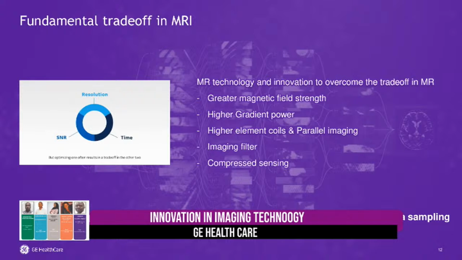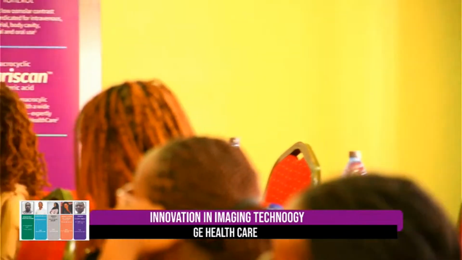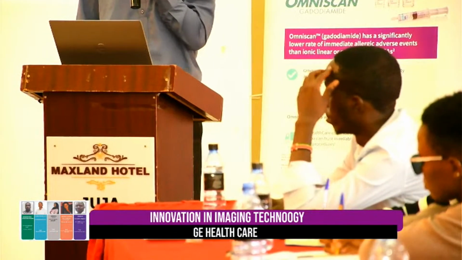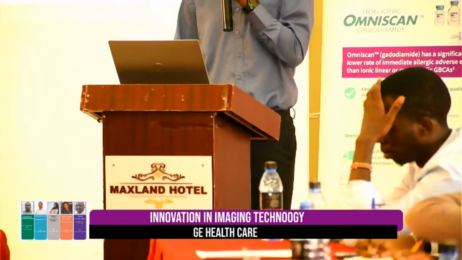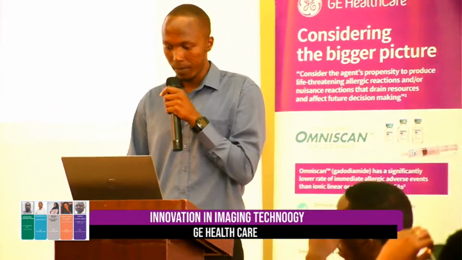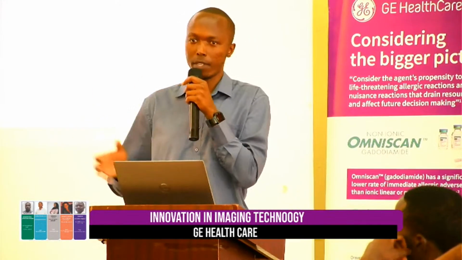And also we can use compressed sensing, whose goal is to acquire more, improve SNR, and shorten scan time with less sampling. This is just a short video of that triad. So you see, if you try to optimize one, you lose on the other. You cannot have everything at once.